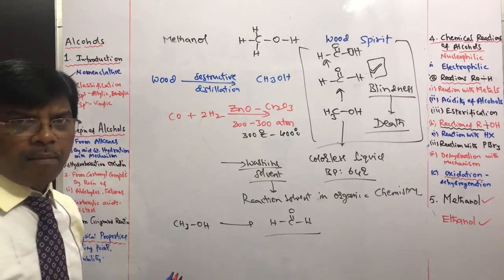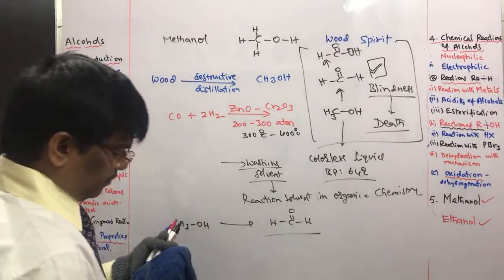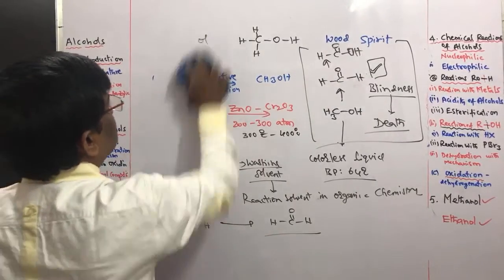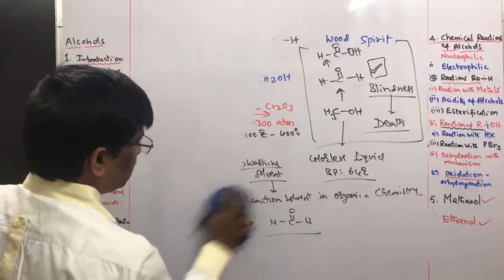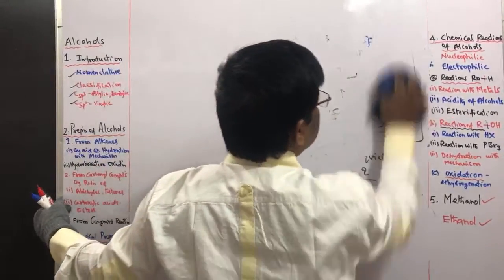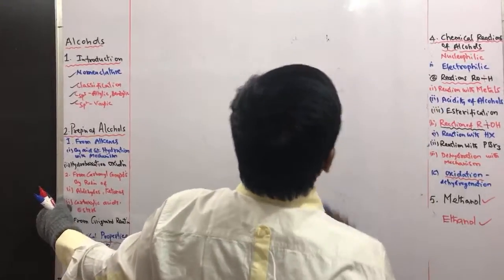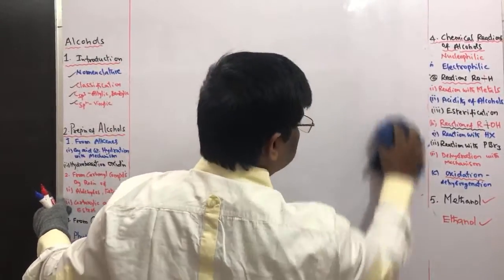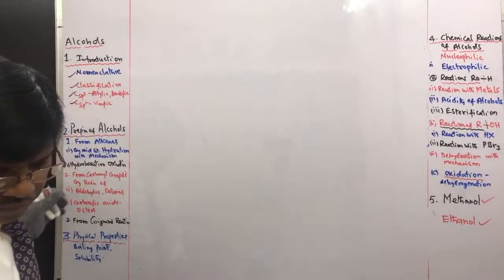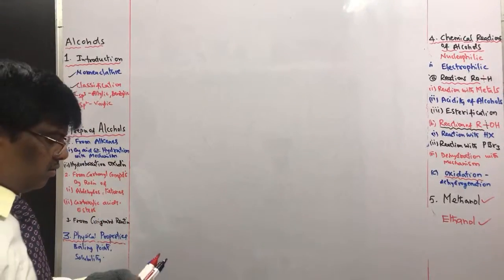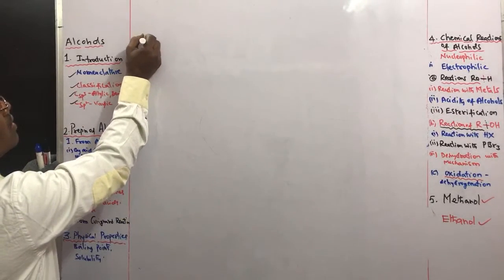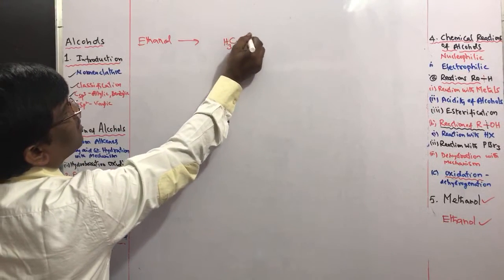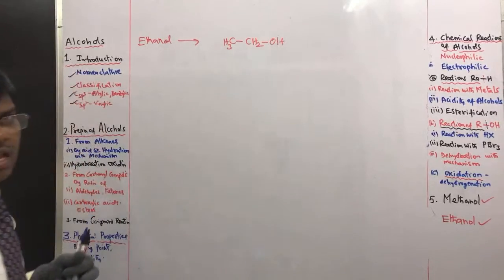Next, the important organic compound or solvent is ethanol. Ethanol is nothing but CH3CH2OH.